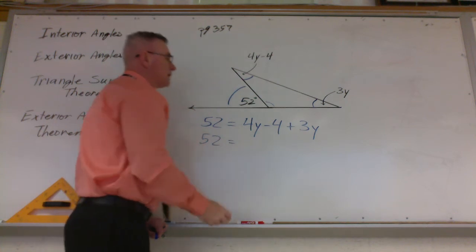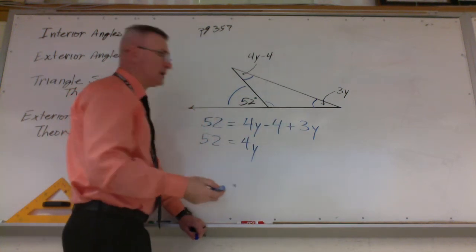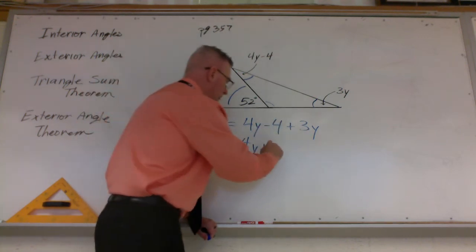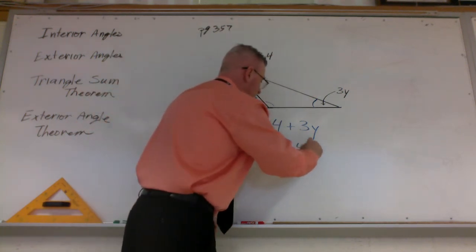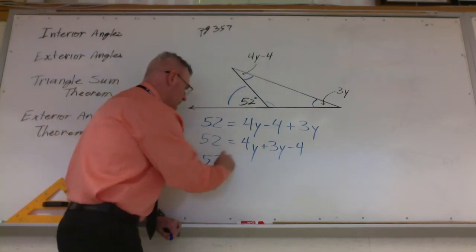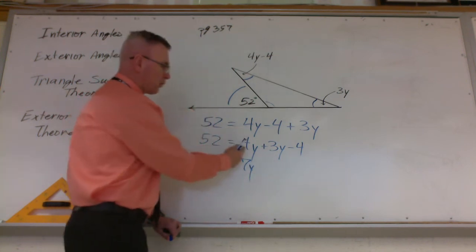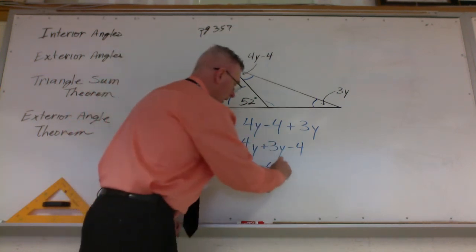If I use the commutative property of addition and move the 3y up here, plus 3y minus 4, then I combine like terms: 52 equals 7y minus 4, since there's 4y and 3y.